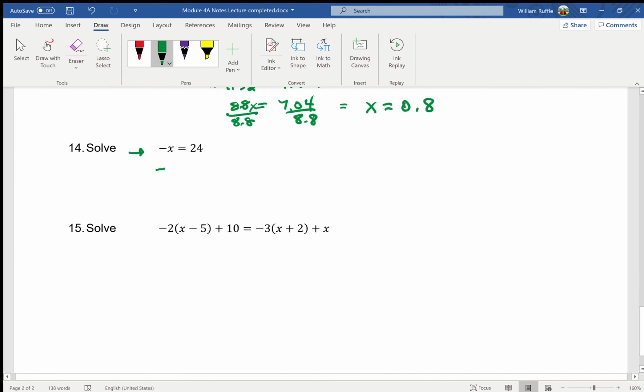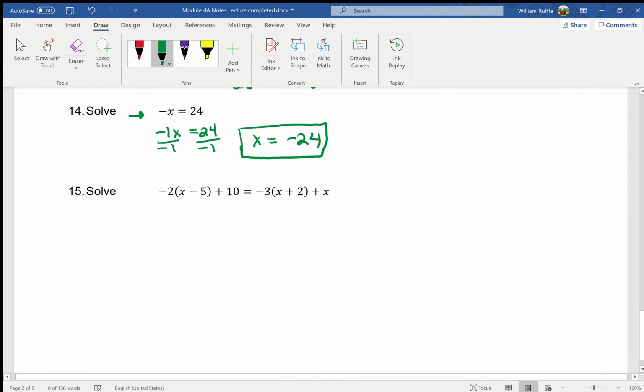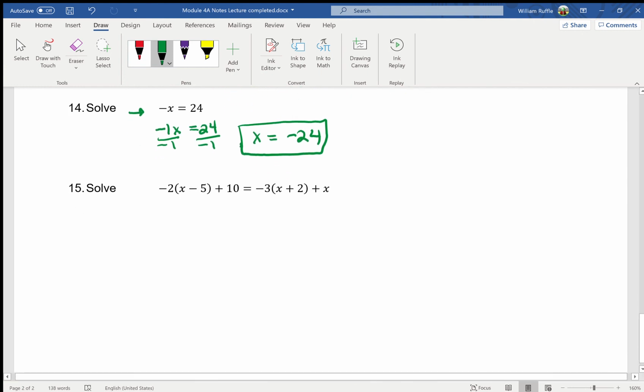But this is really negative 1x equals 24. So how do I get rid of the multiplying by negative 1? Well, I divide each side by negative 1, and I get x equals negative 24. This is amazingly how simple this question is, but I can't tell you how many people get this one wrong. Be careful.